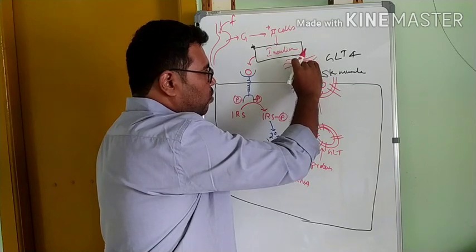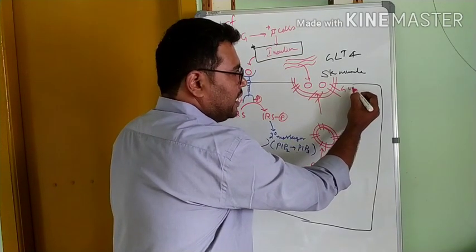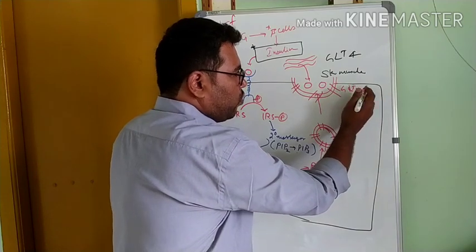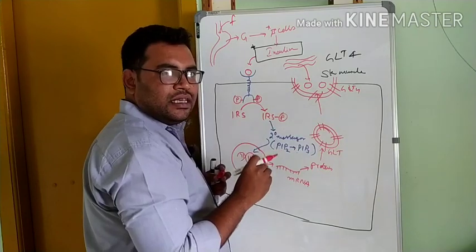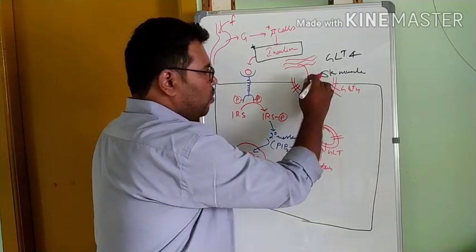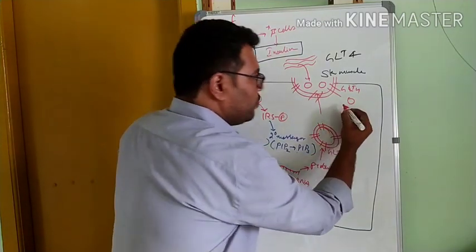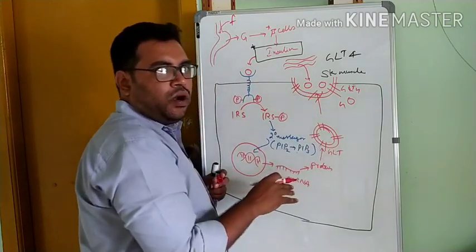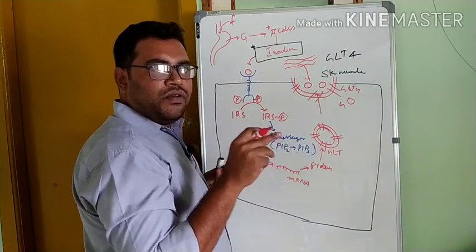So whenever this glucose enters into these glucose transporters, this glucose transporter is GLUT4, because it is located on skeletal muscle. If this cell is RBC, then the glucose transporter will be GLUT1. So this glucose enters into skeletal muscle.